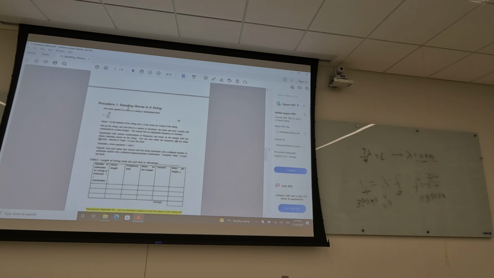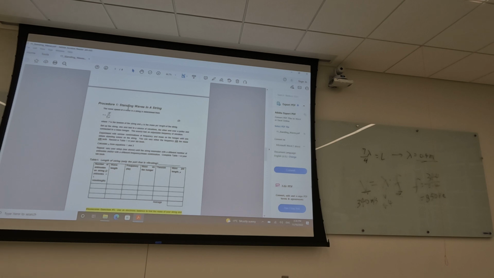And then this is the vibration source. By turning on this controller, you can see the frequency of vibration, and you can also change the amplitude and the frequency. By adjusting the frequency, you will be able to see the standing wave on the string.